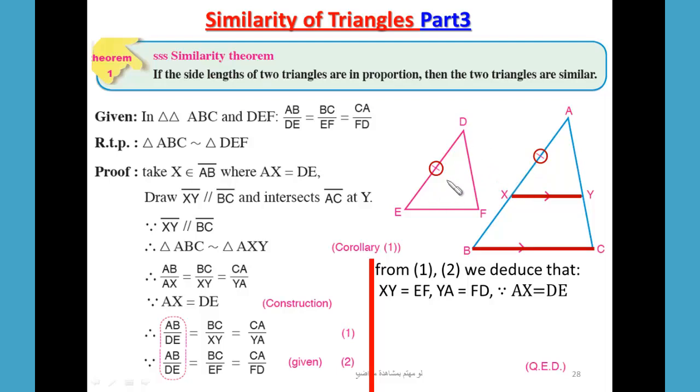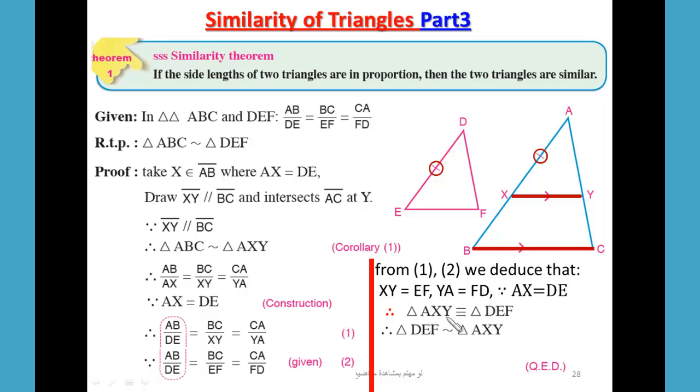So the two triangles AXY and DEF are congruent. If the two triangles are congruent, then we write it: triangle AXY is congruent to triangle DEF because the three sides in the first triangle are equal to the three sides in the second triangle.